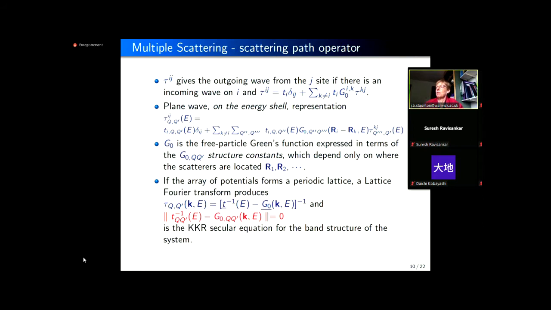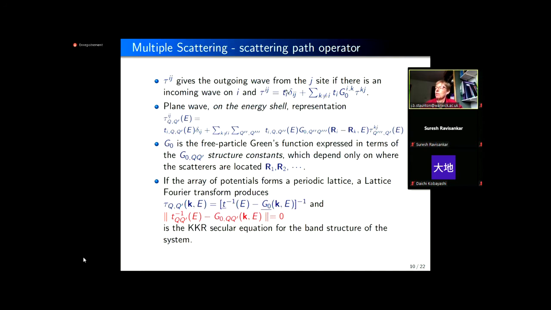So one then notes that we can talk about the scattering from many such scatterers of this type by using scattering path operator formalism. So this is where you pick up a description of an outgoing wave from some site J if you've got an incoming wave on another site I.